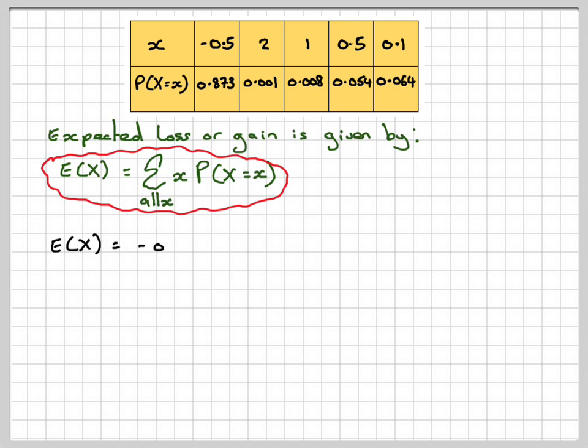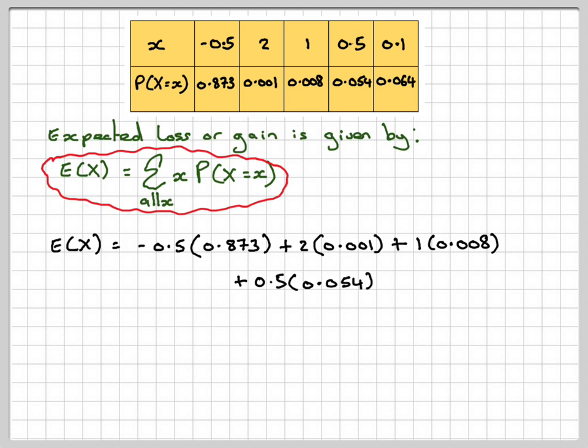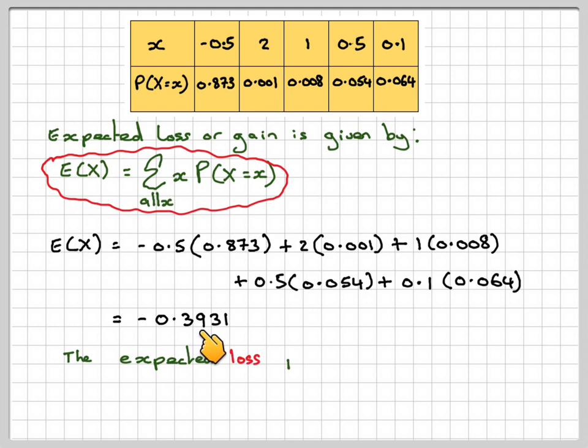So that's going to be equal to minus 0.5 times 0.873, plus 2 times 0.001, plus 1 times 0.008, plus 0.5 times 0.054, plus 0.1 times 0.064, which is equal to minus 0.39. Therefore, the expected loss per turn will be 0.39, i.e. 39 pence would be the expected loss.